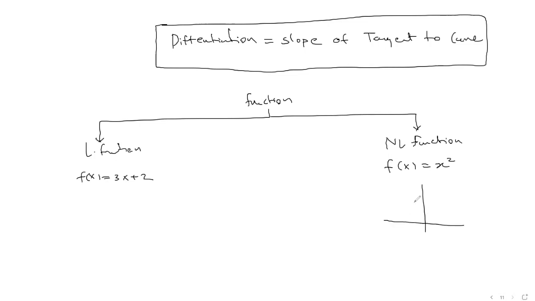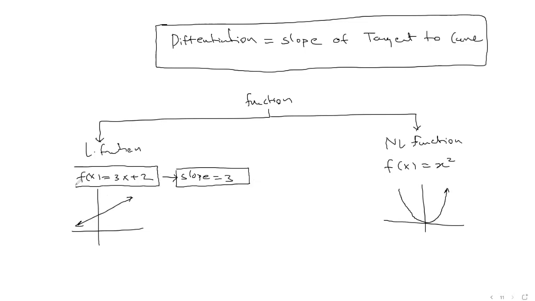For a curve, you have something like this, and a straight line is like this. The basic difference between the two: in case of a linear function, finding slope is an easy task, and slope is 3. You can simply compare this equation with y is equal to mx plus c, and the m value is the slope value, and you found it.